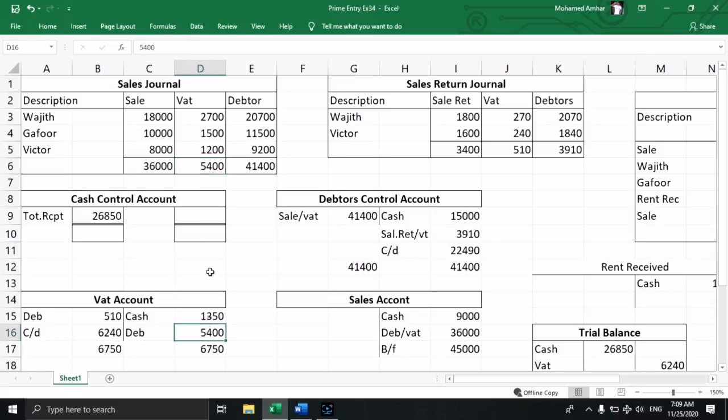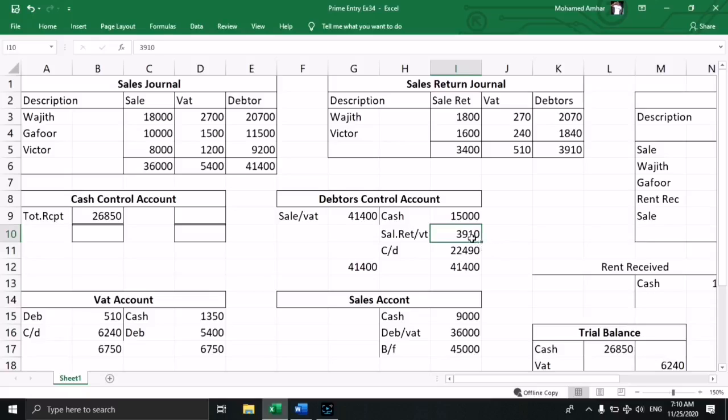5,400. Okay. Then get the total of sales return journal: 3,400, 510, and 3,910. Right. Sales return decreases the debtor. So you have to credit sales return in the debtors control account. Here 3,910.